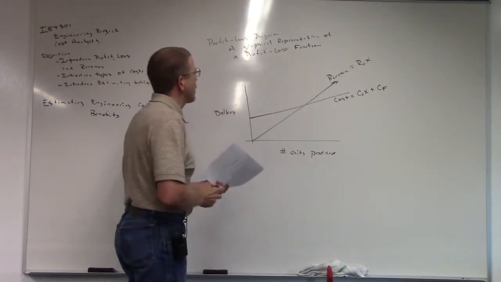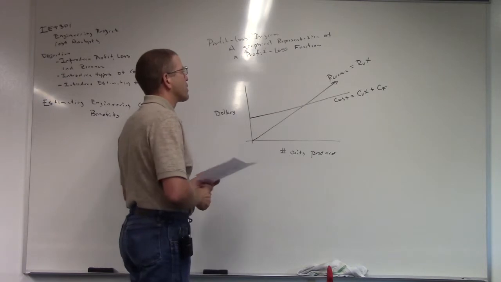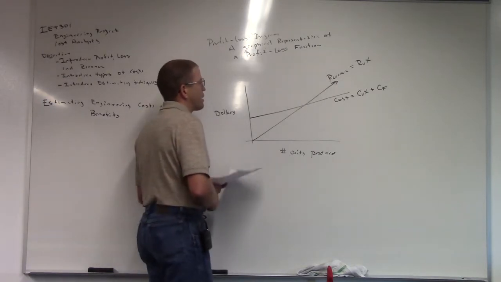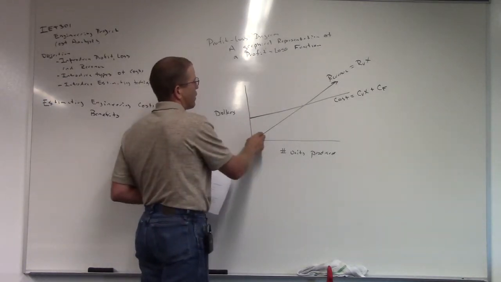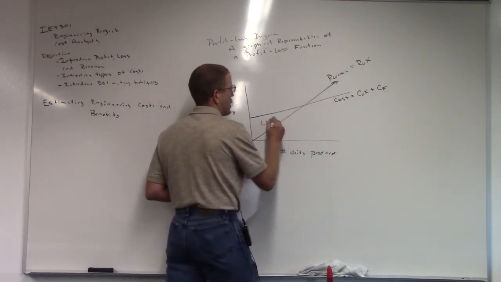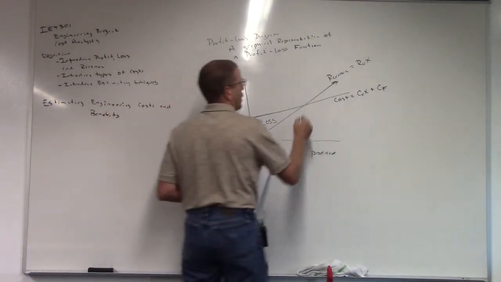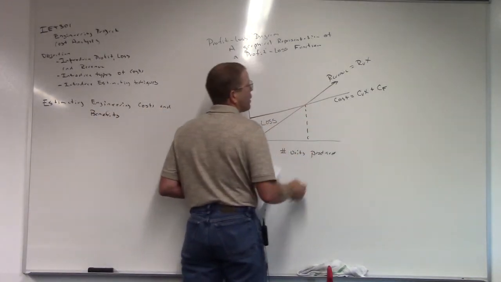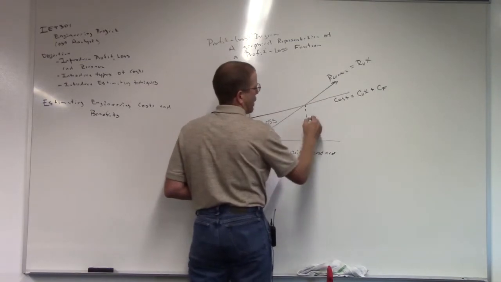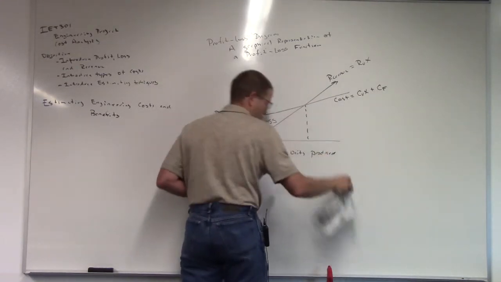And what we see then is that in this case we have three primary regions. Okay, we have the region where the cost is greater than the revenue, and this is the region of loss in our activity. We have the point where the costs equal the revenue, and as I've already defined, this is what's known as the break-even point.